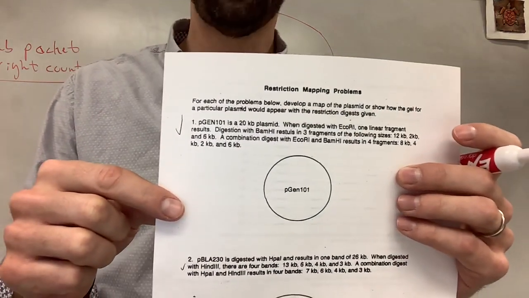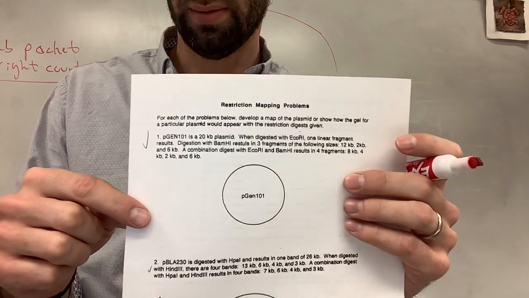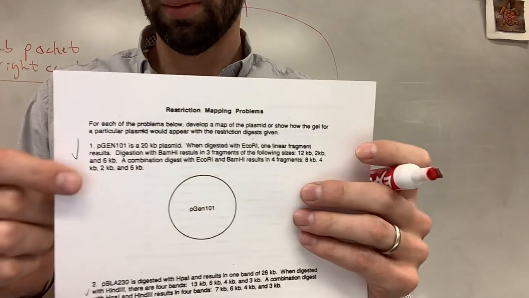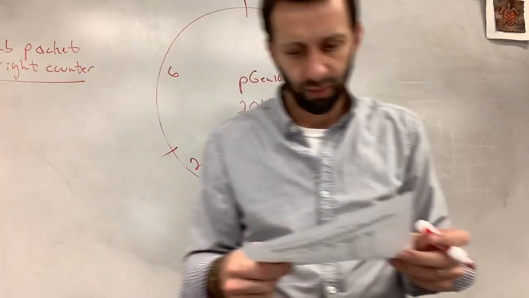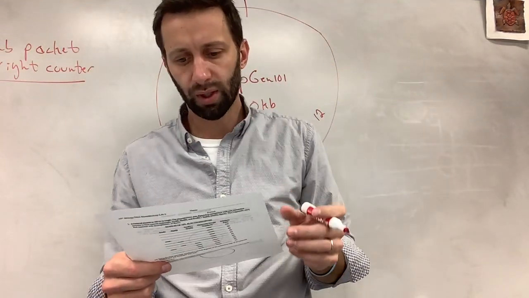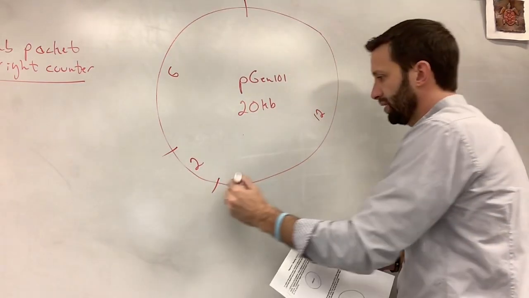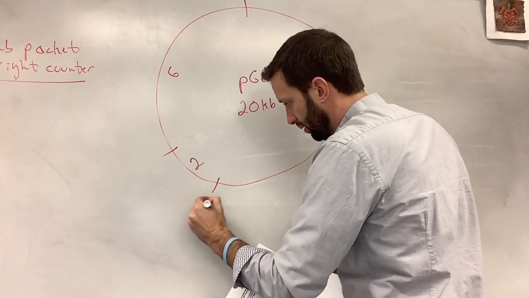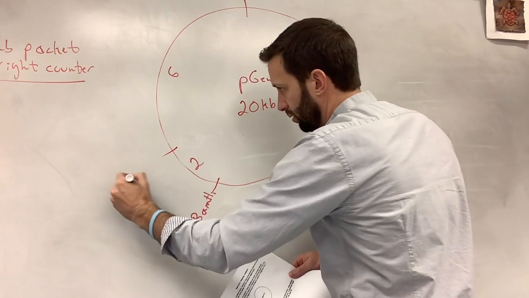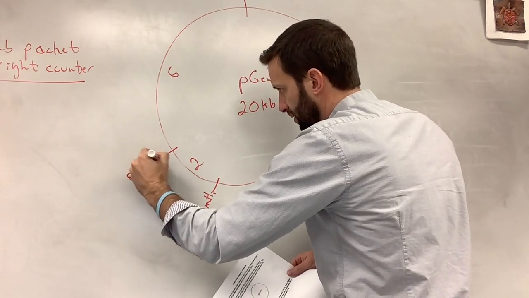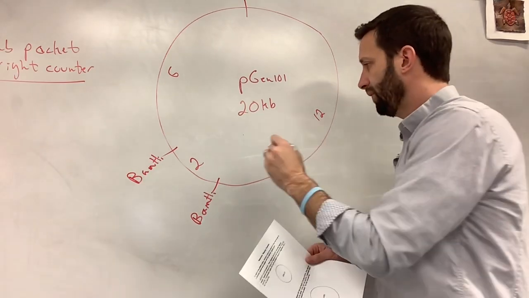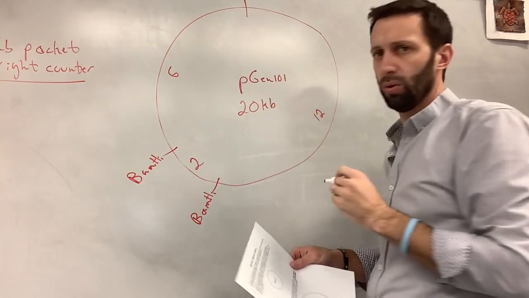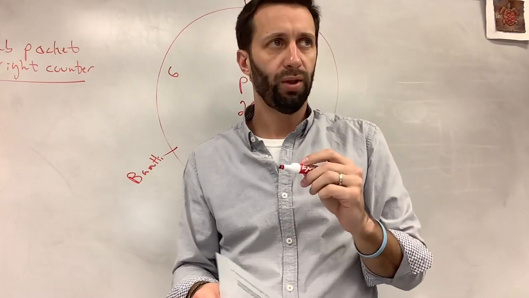And what sizes? 8 kilobase pairs, 4 kilobase pairs, 2 kilobase pairs, and 6. So how many times did EcoRI cut it? Well, we've already got listed where all our BamHI cuts are. So how many times did EcoRI cut this? Once. So we've got to find the one spot where EcoRI cuts relative to where the BamHI cut it.